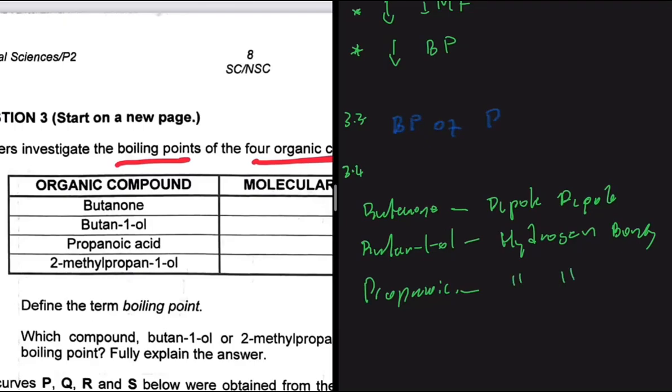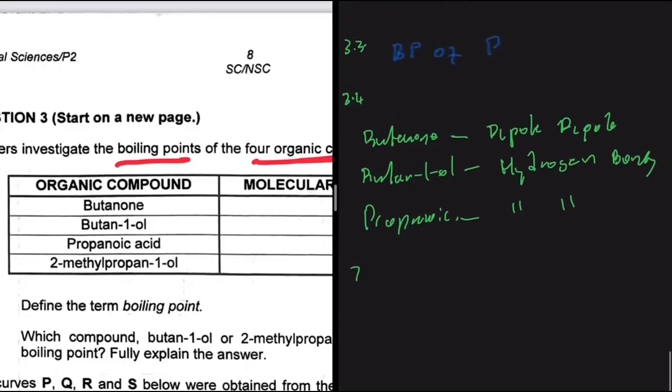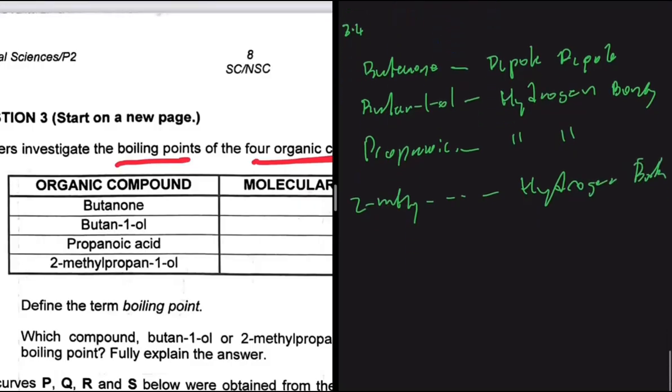But then the hydrogen bonding in propanoic acid will be much stronger than the hydrogen bonding in butan-1-ol, because in propanoic acid, we have 2 sides of hydrogen bonding. And then obviously, 2-methylpropan-1-ol, we know that that is hydrogen bonding, right? So the compound with the highest intermolecular forces of these 3 should be propanoic acid, right?